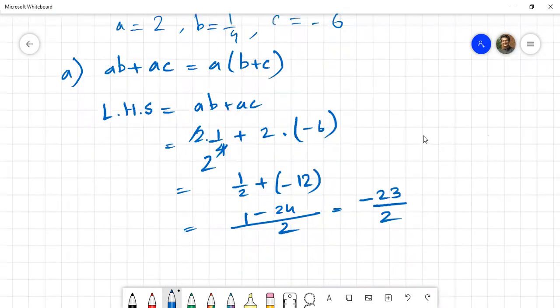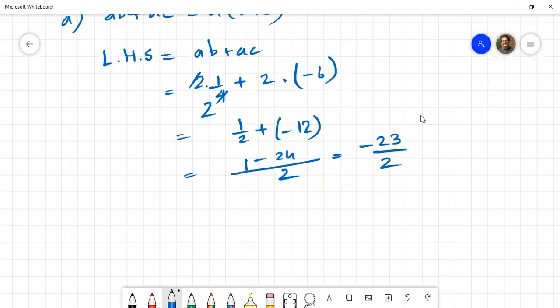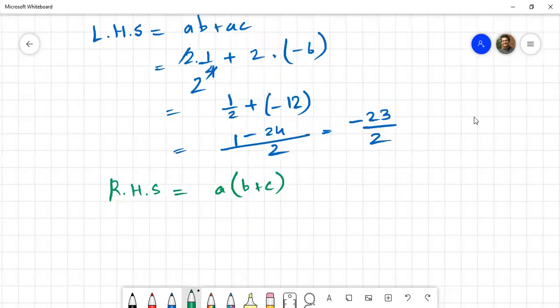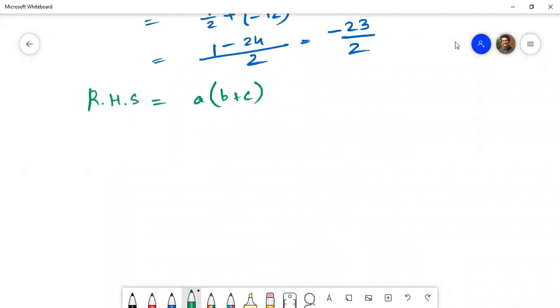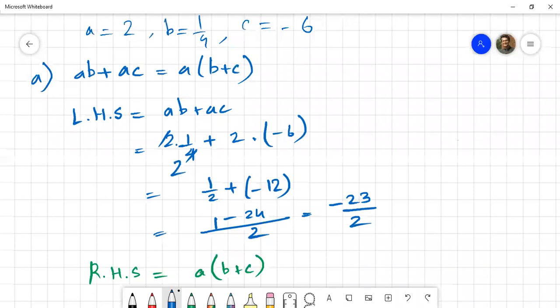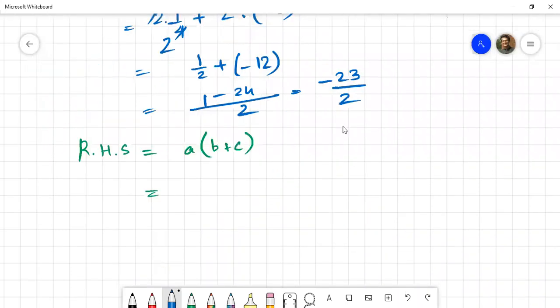And then the right-hand side over here, let me use green this time. Right-hand side is A times B plus C. You put in the value of A, which is 2, then 1 by 4, and minus 6.